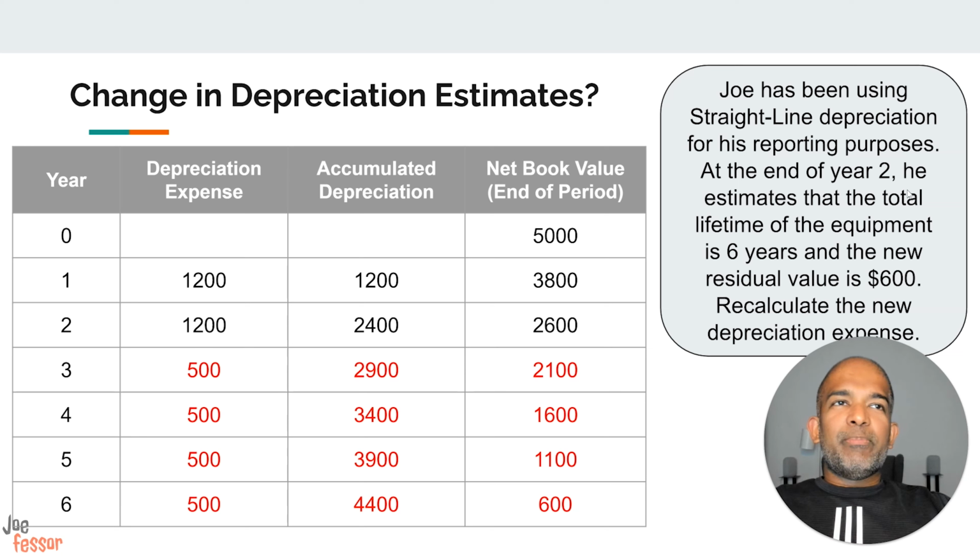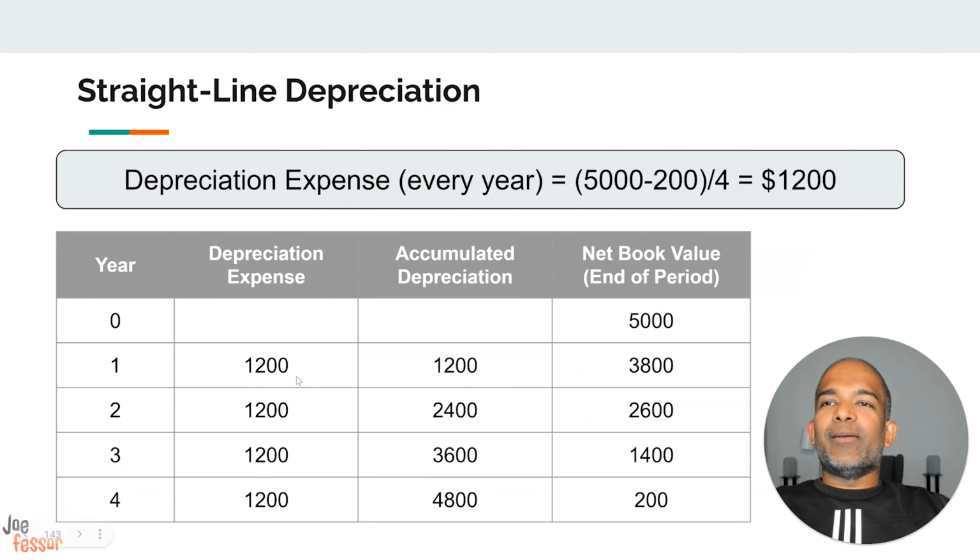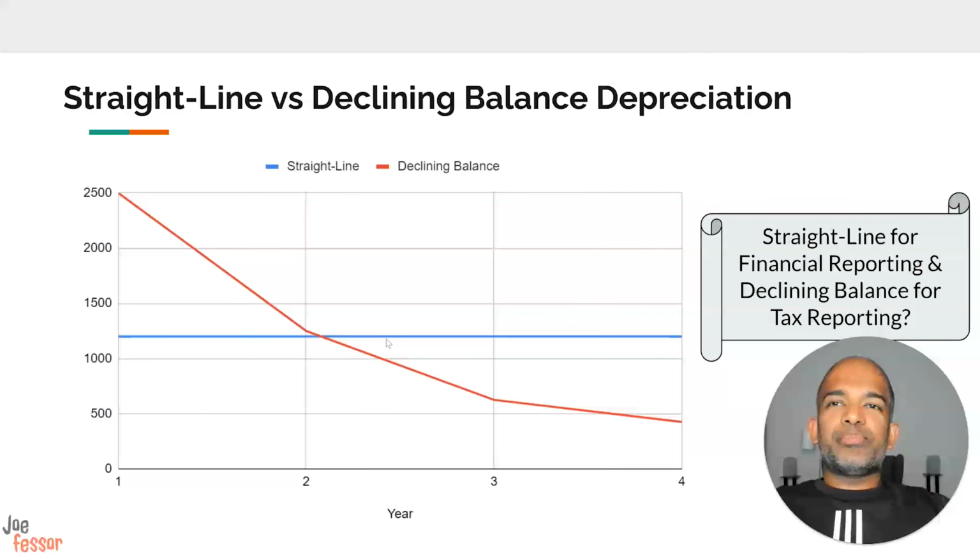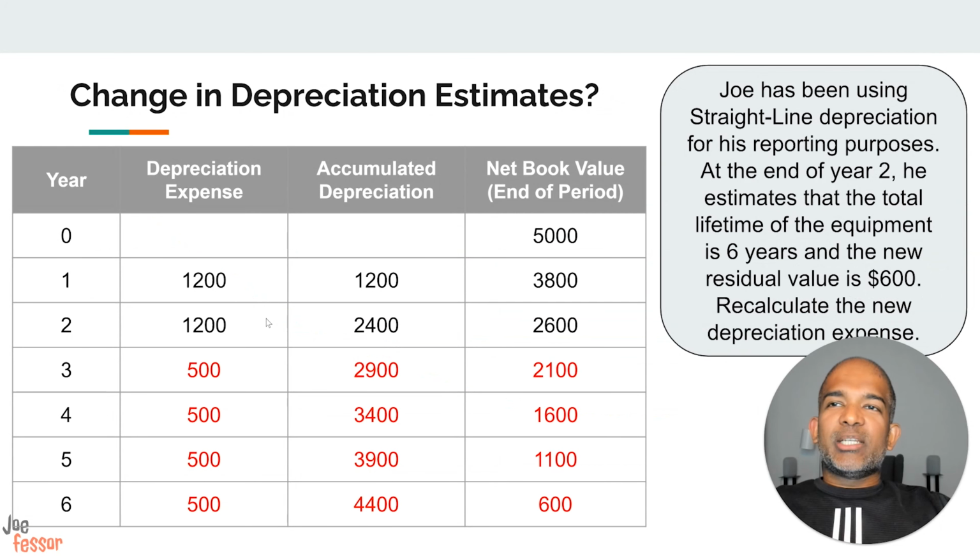Because 2 years have already passed, at the end of 2 years, the net book value of the asset is $2,600 as per your books. Using the straight line method, which we saw earlier, the depreciation expense is $1,200 per year. So we've depreciated for 2 years, the accumulated depreciation is $2,400 and the net book value is $2,600. We still have 4 more years to go and the new residual value is $600.